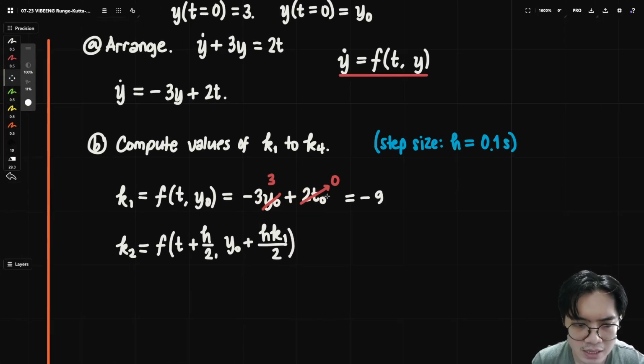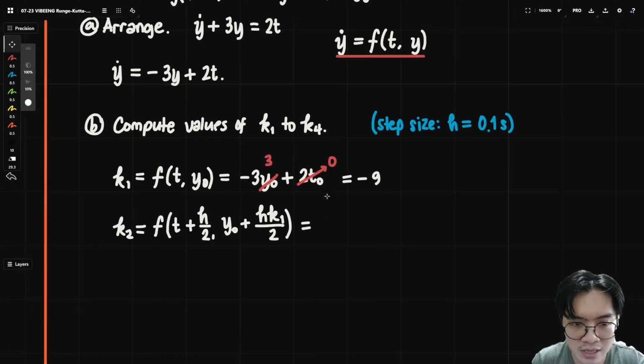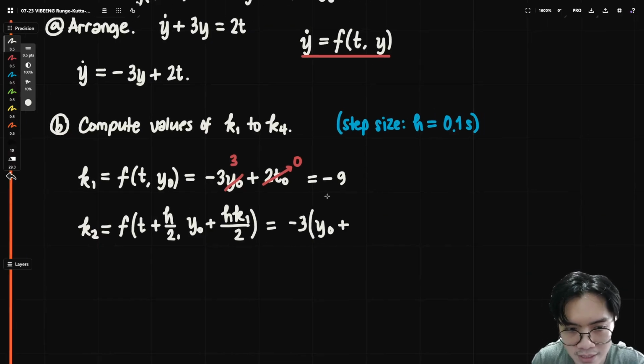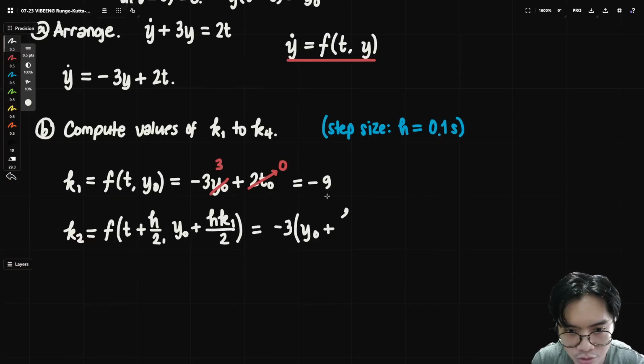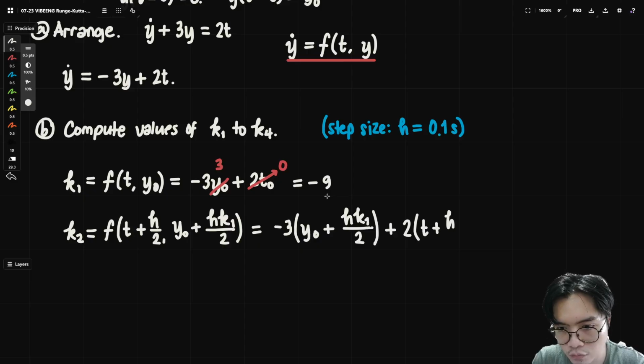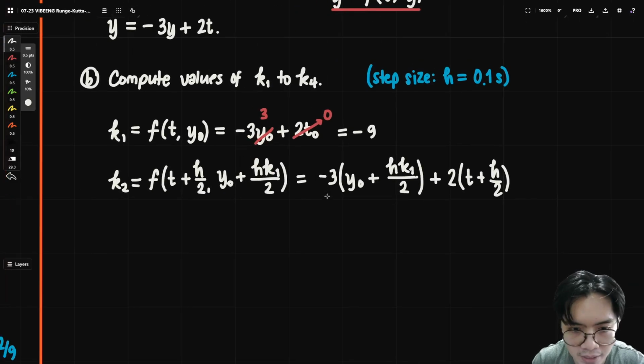Right? And now, ang gagawin natin is literally, we'll just do the same thing. Y plus H times K1 over 2, right? Plus 2 times T plus H over 2. So, ang magiging calculation is negative 3.